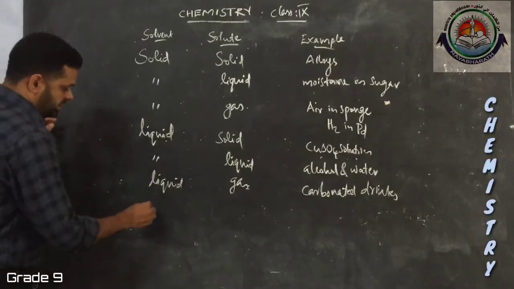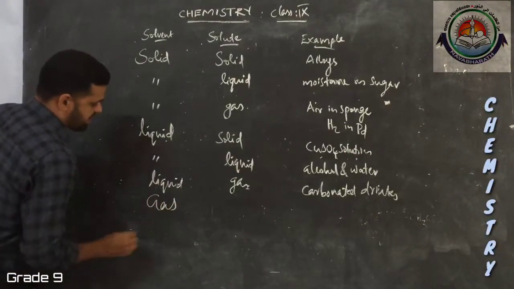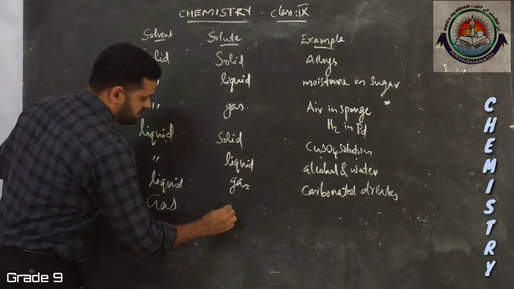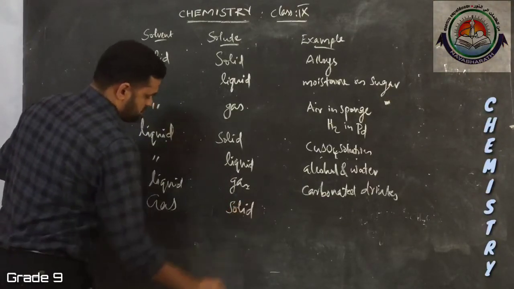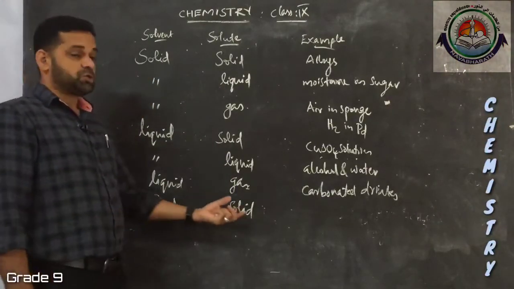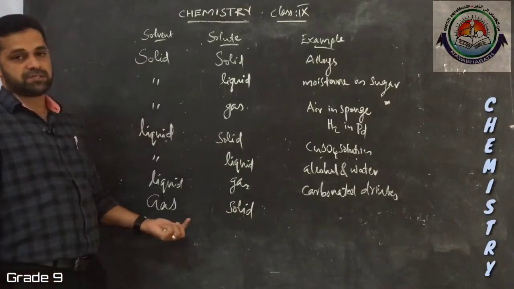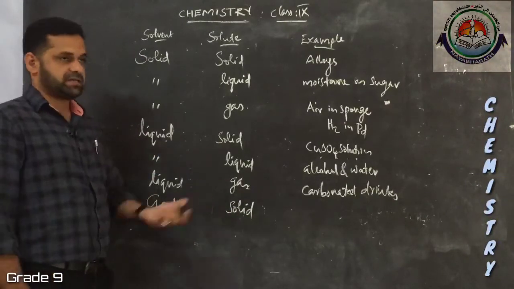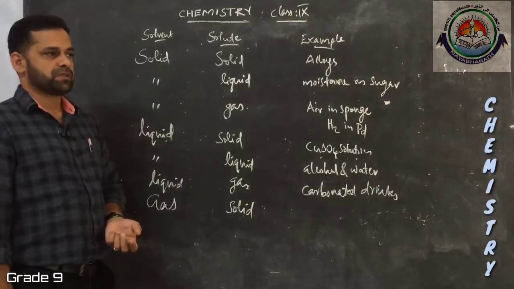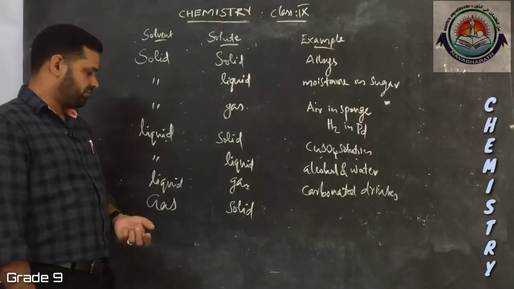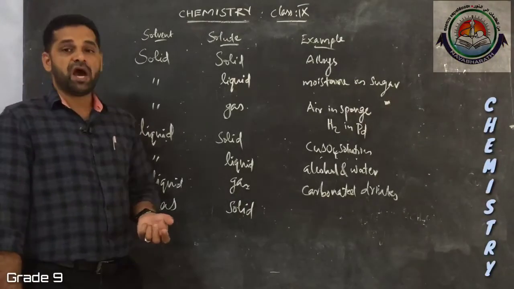Then what about gas? If the solvent is a gas and the solute is a solid, it means the solid is dispersed in gas, the solid is spread in gas. You can take many examples. For example, naphthalene.